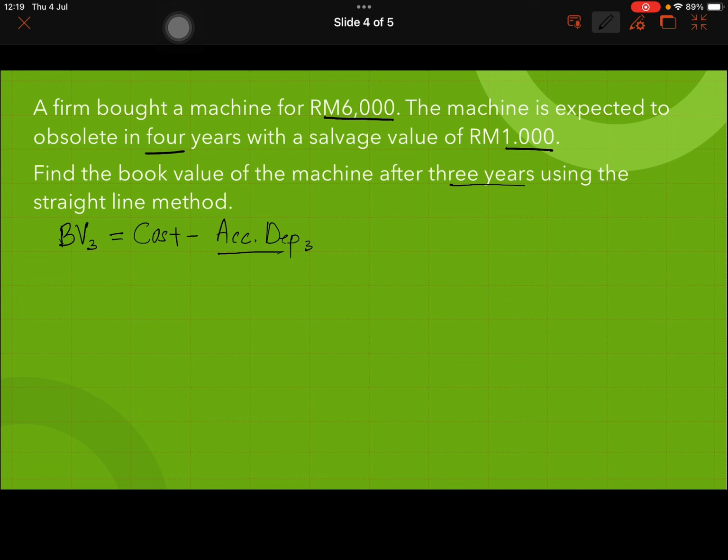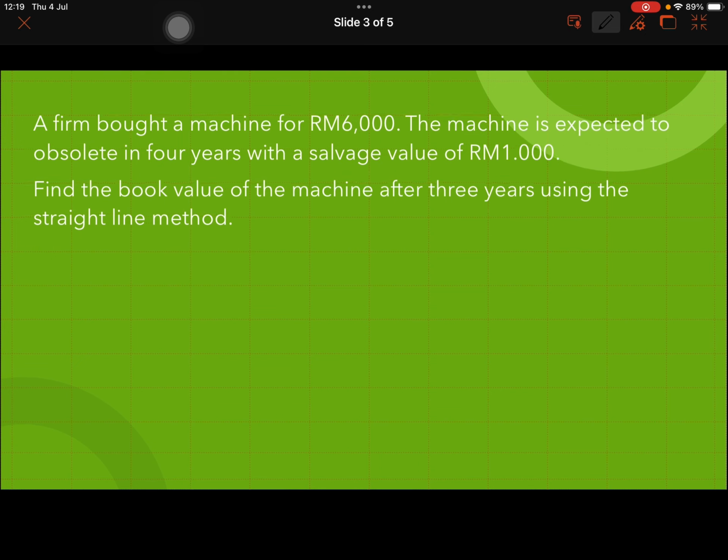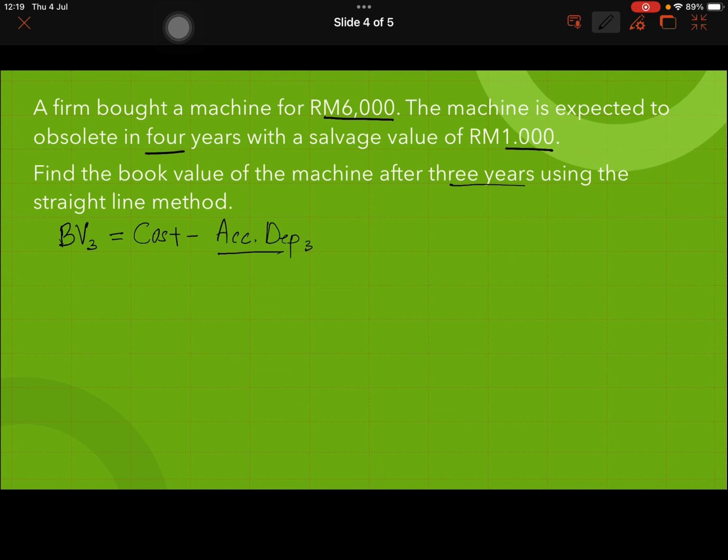So we look at the formula just now. We need our annual depreciation. We take the formula based on what we have. We can compute it as cost minus salvage over the useful life.